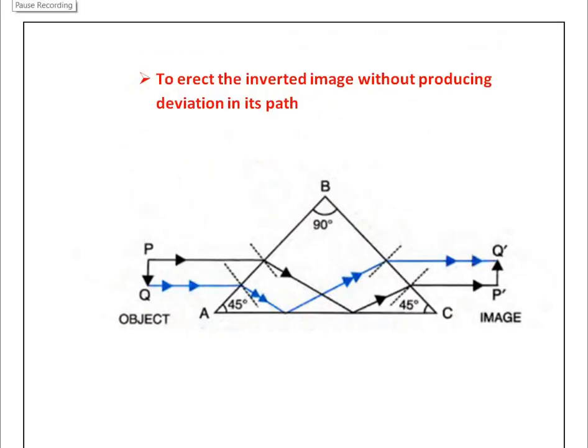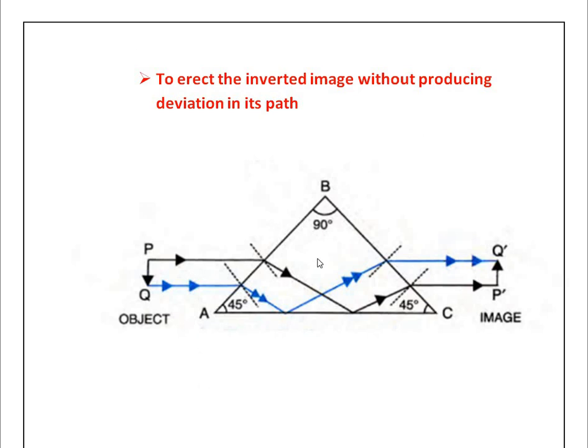Here, to erect the inverted image without producing deviation in its path. How is it possible? Here you can see that the beam of light is coming from the object PQ and is incident parallel to the face AC. Here AC is also the hypotenuse of the prism, and after that it strikes the surface AB.